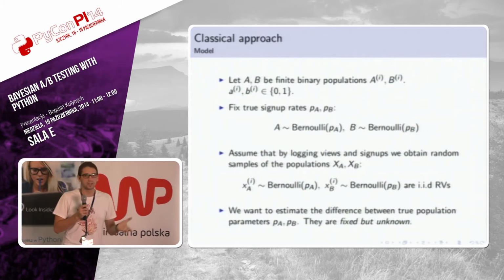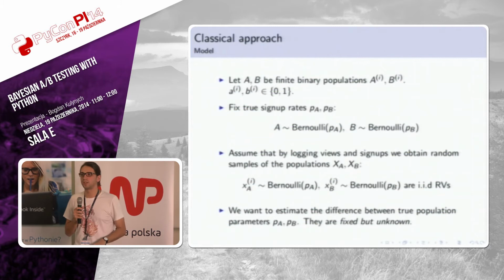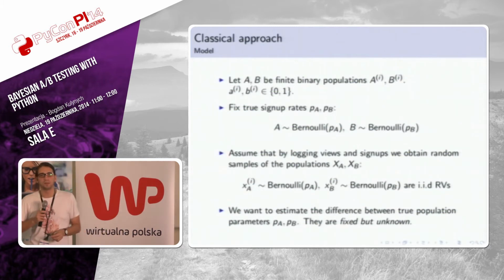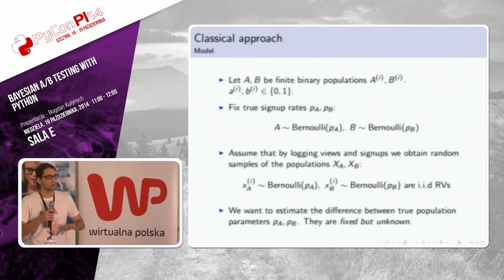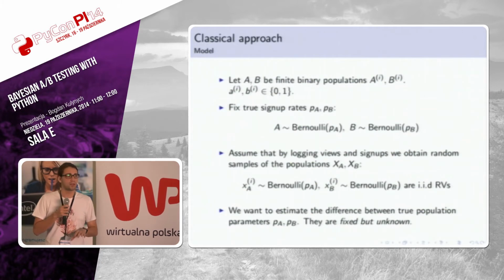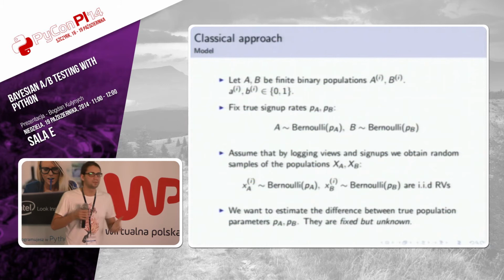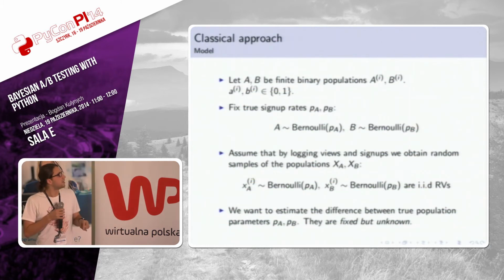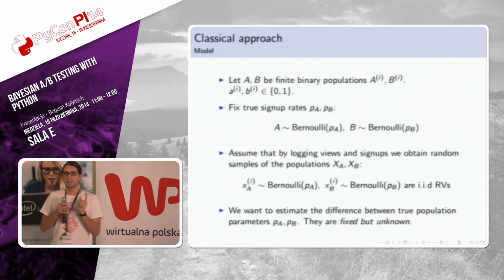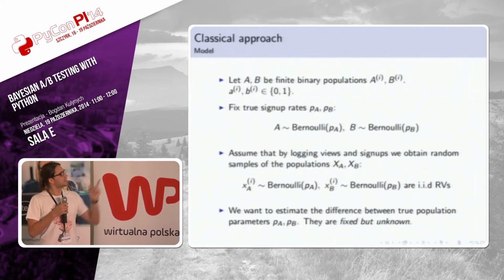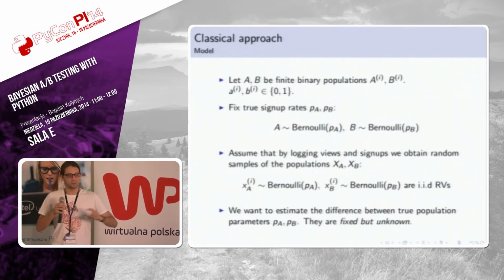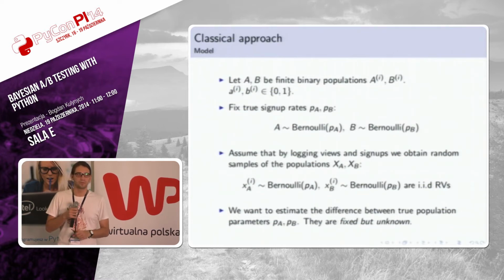So it may be, for example, 5% for variation A and 7% for variation B. And what we want to do is learn these true sign-up rates using A/B testing. We can never learn them exactly, right? Because it's just a very simplified model. But we want to. So once again, the important thing is that we fix these parameters. We assume they are fixed but unknown. Okay?